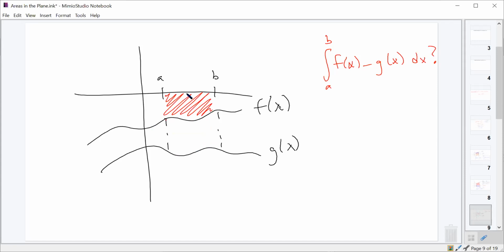Yes. Let's call that piece of it capital A. What does the integral of g give us? It gives us all of this, doesn't it? We'll call that capital C area.